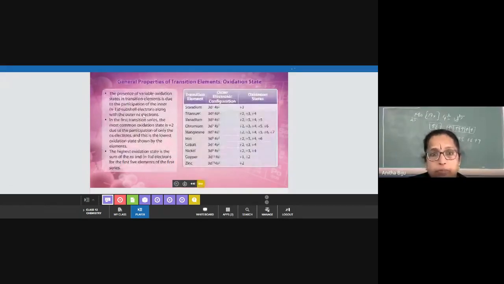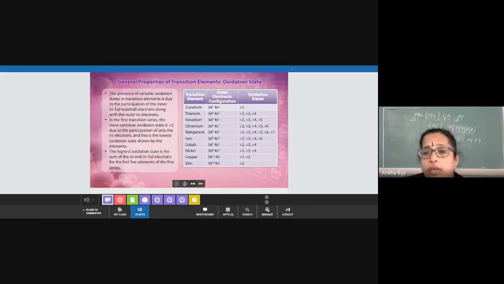The presence of variable oxidation states in transition elements is due to the participation of the inner (n-1)d subshell electrons along with the outermost ns electrons. In the first transition series, the most common oxidation state is +2. You know why? Because two electrons are present in the s subshell, and they will mandatorily enter into chemical reaction. After that, the d electrons enter into chemical reaction.